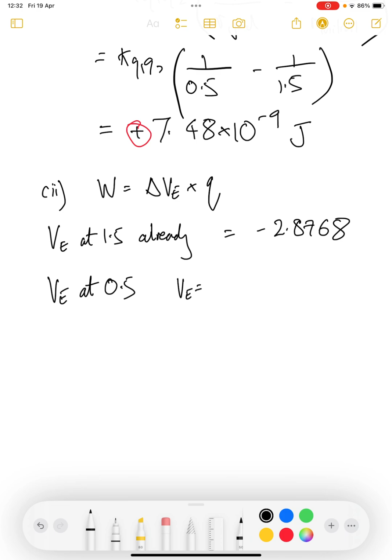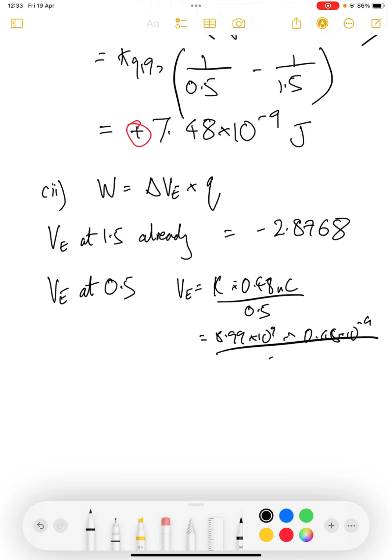VE is equal to K times minus 0.48 nanocoulombs all over 0.5, which is equal to 8.99 times 10 to the 9 times 0.48 times 10 to the minus 9 divided by 0.5 gives me an answer of minus 0, because I've got a minus sign there, sorry, sloppy.